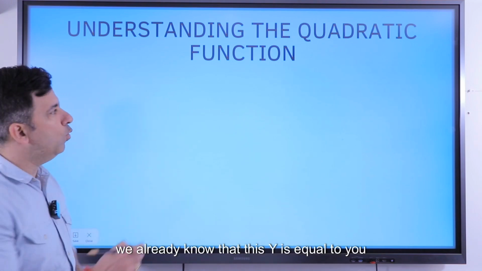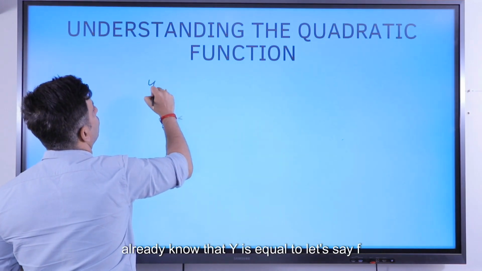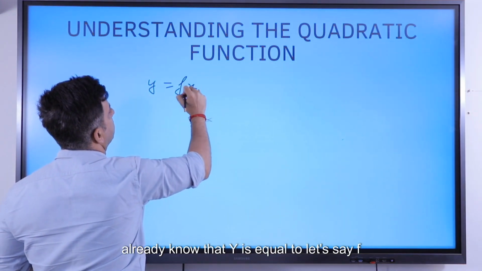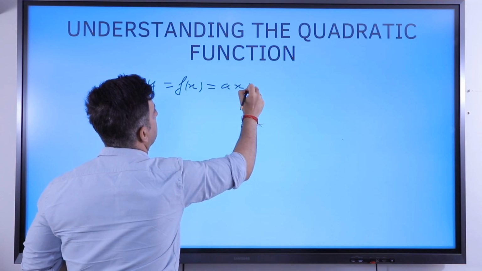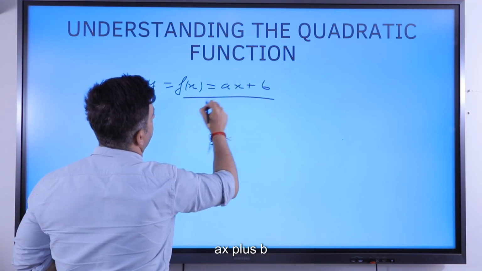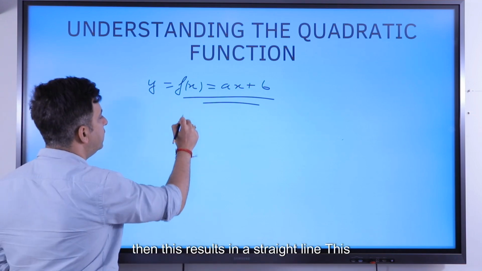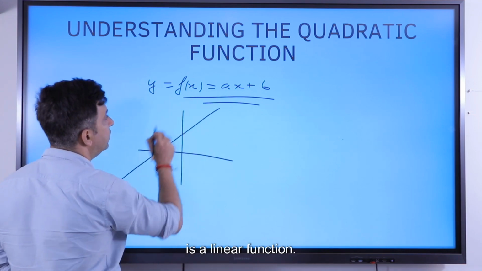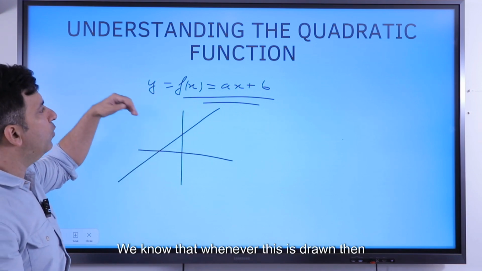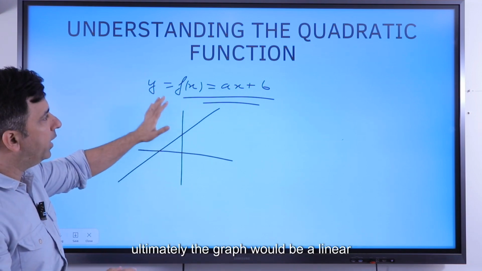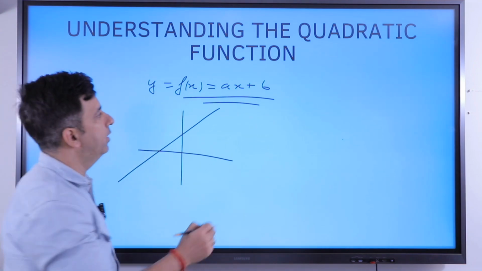We already know that y = f(x) = ax + b, if this function is drawn, results in a straight line. This is a linear function. We know that whenever this is drawn, the graph would be a simple straight line.